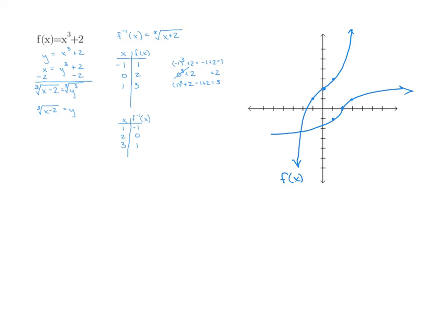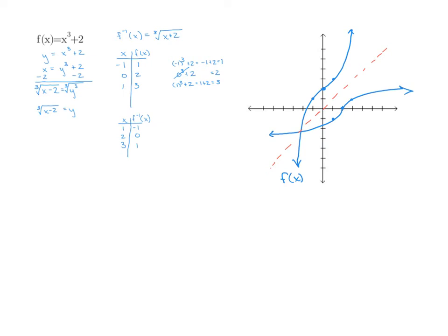The last thing we want is our line y equals x. And so if you drew this correctly, you should see that it is symmetric about the line y equals x. You should see kind of a mirror image there.